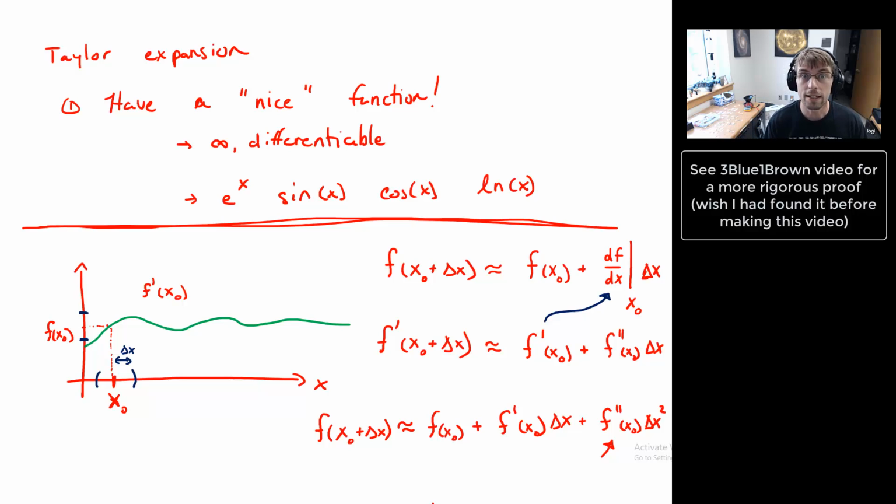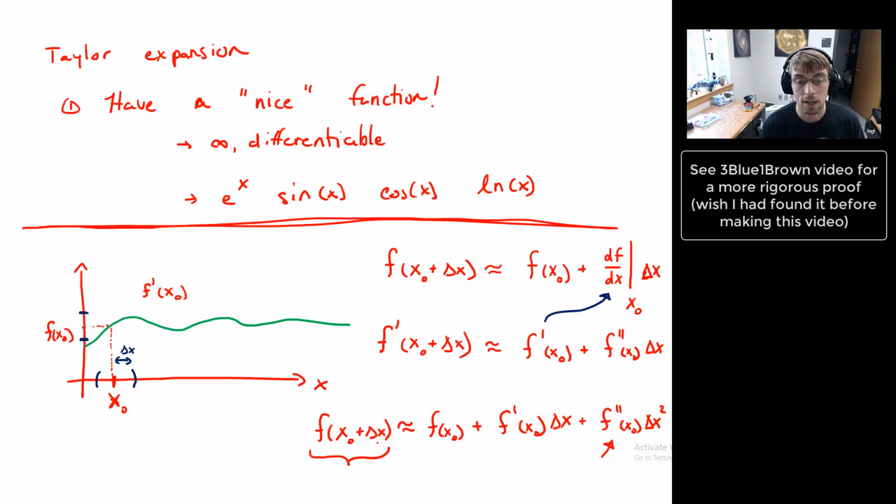It is trying to find an expression for the function in the neighborhood of x naught, expressed in terms of the value of the function at exactly x naught. Let me say that again.